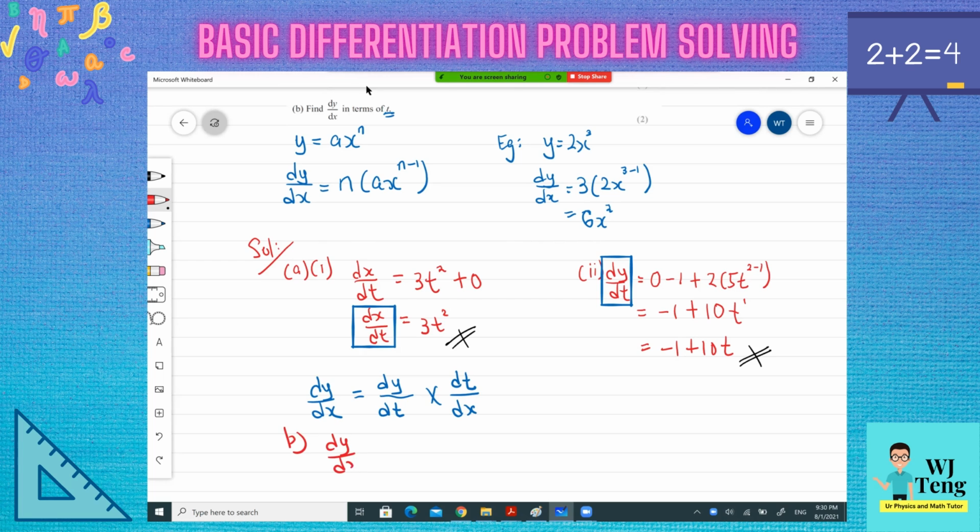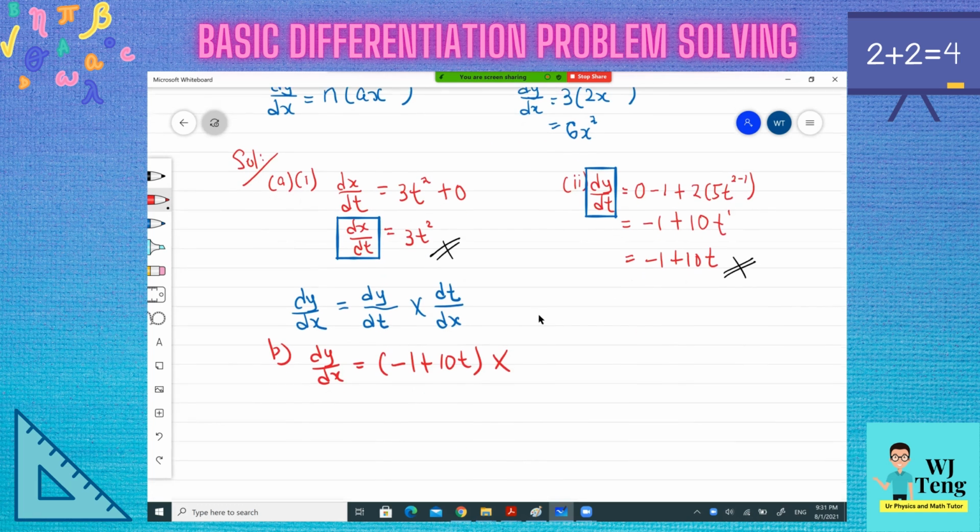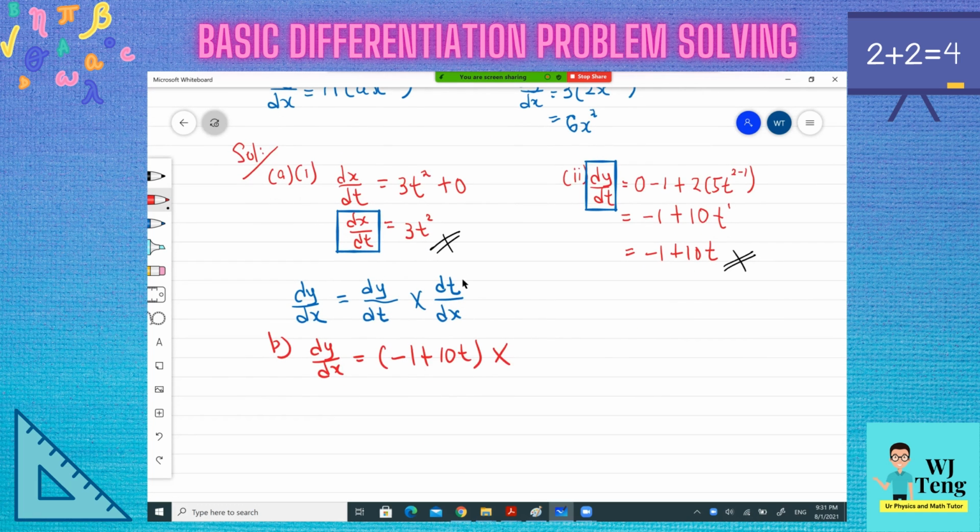And so, to solve part B, dy dx is equal to dy dt, which is negative 1 plus 10t, multiplied with the term of dt dx. But if you notice carefully, we only have dx dt. We don't have dt dx. So how do we express dt dx in terms of dx dt? This again is another prior knowledge, in which we know that dt dx is actually equal to 1 over dx dt, or in other words, the reciprocal of dx dt.